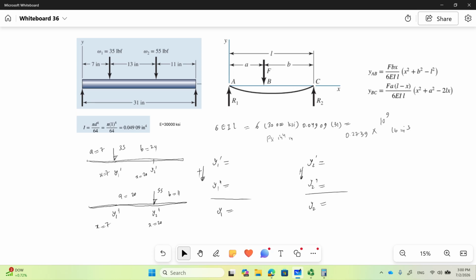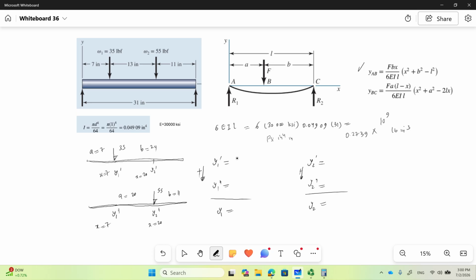So for the first one, y1 prime, you see these equations I have, I'm gonna need to use this guy, and x equals, as I said, 7. So let's put numbers.